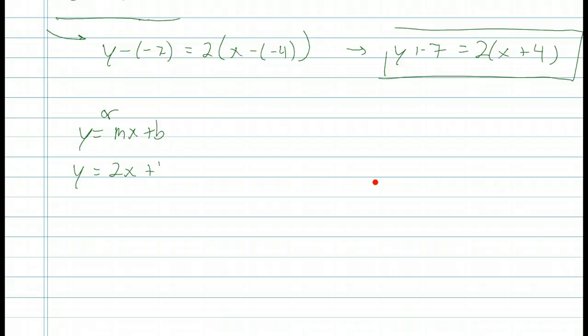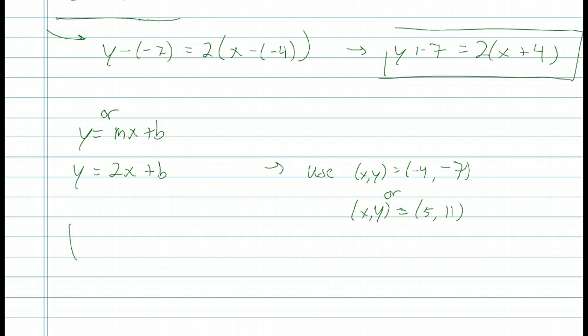We computed the slope before, got 2, so we plug in m equals 2. And then we've got to remember, just like the last example, that we have to plug a point in to find the b. We can use any point that we know is on the graph of our equation. So we can use either one of these points. We can put negative 4, negative 7 in for x and y, or 5, 11 in for x and y.